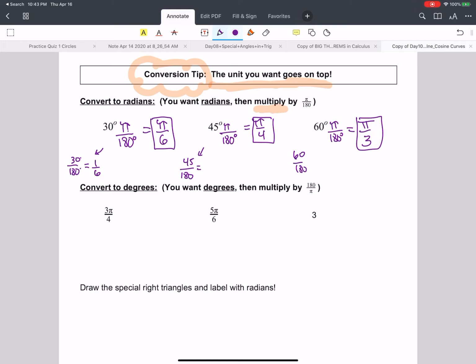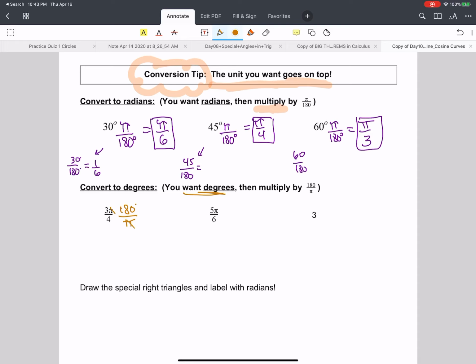Let's move on. Now, if we have to go the other way, to degrees, just keep in mind what I say: what you want goes on top. So I want degrees because it says convert to degrees. So I'm going to multiply by 180 over pi. And what's going to nicely happen, which often does, those little pies cancel out.